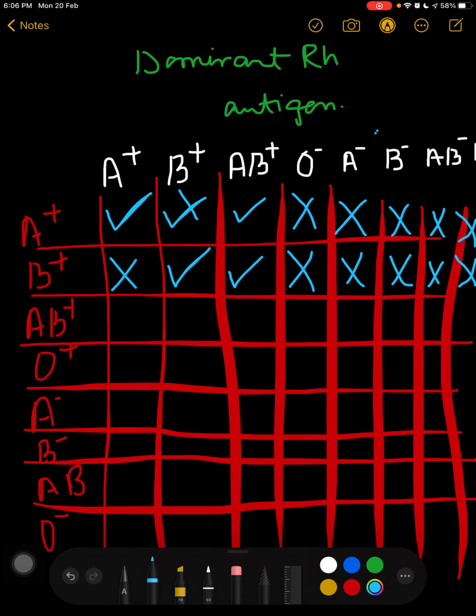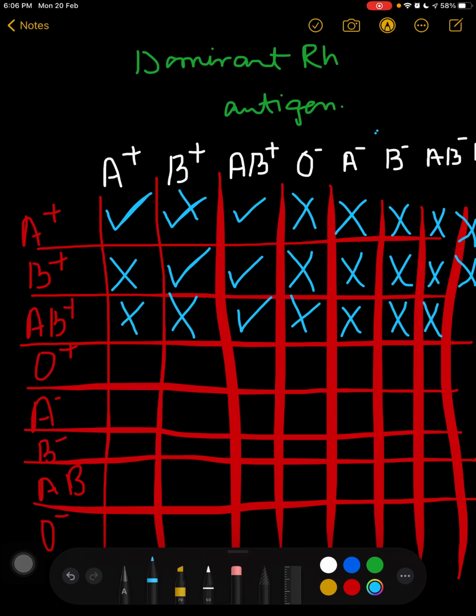So I guess it cannot give because it has antibody against B. Obviously it can't give to B, but it can give to AB, and it can't give to O because O has antibody against AB. It can't give to A negative, not to AB negative too, and neither to O negative, right.